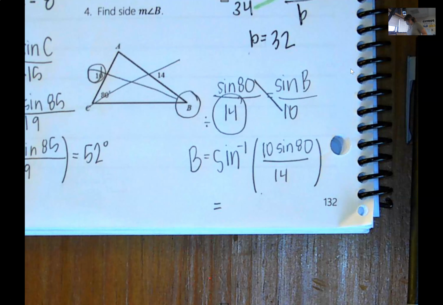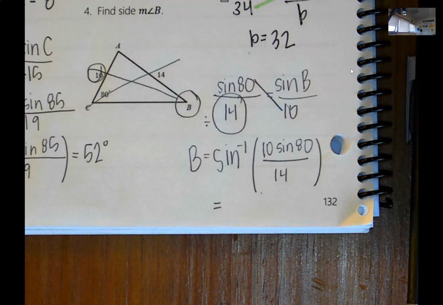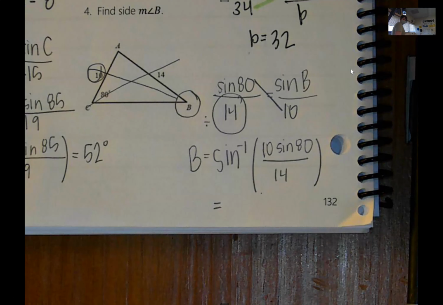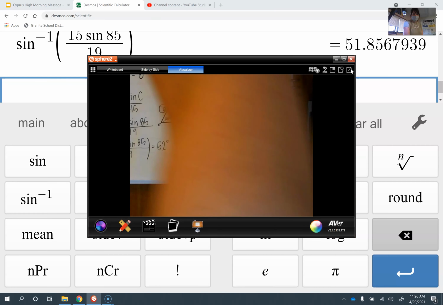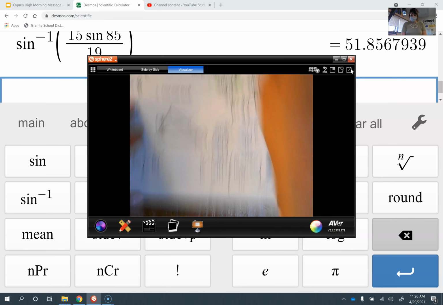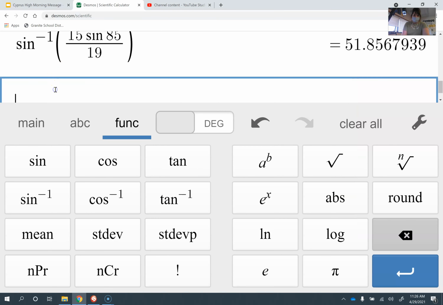So you guys plug it in so that you can check your rounding and that you can actually do it. I'm going to walk through what I'm doing. You can't see it though.